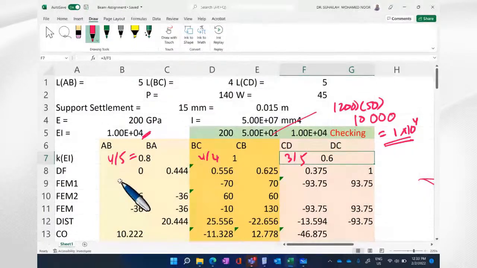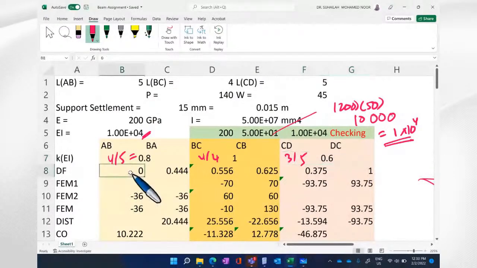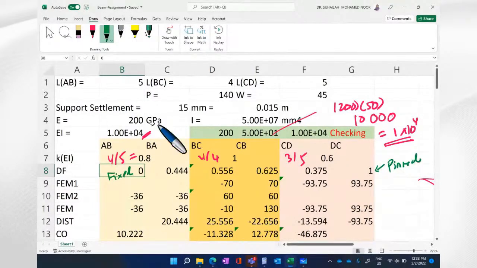3 over 5, 0.6. So distribution factor for fixed: the distribution factor is 0 because this one is fixed. And the distribution factor DF is equal to 1 because this is a pin. So the rest we have to calculate using the formula: member stiffness divided by joint stiffness.